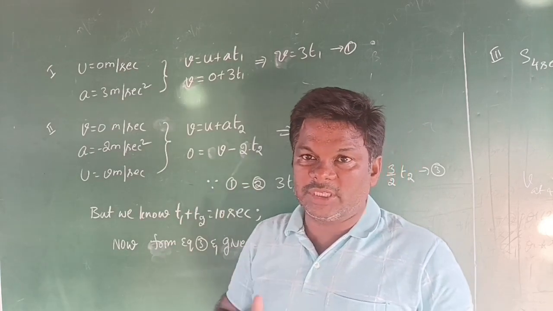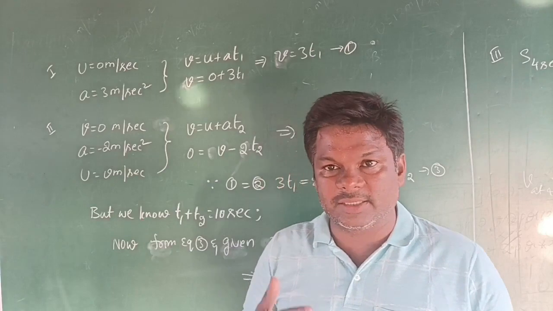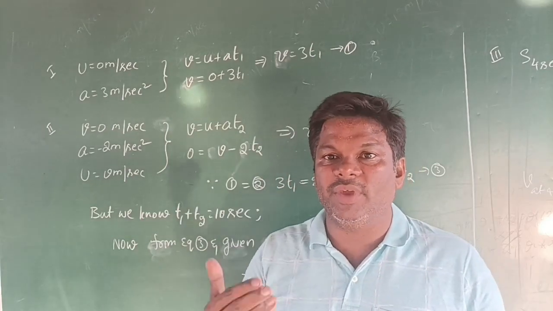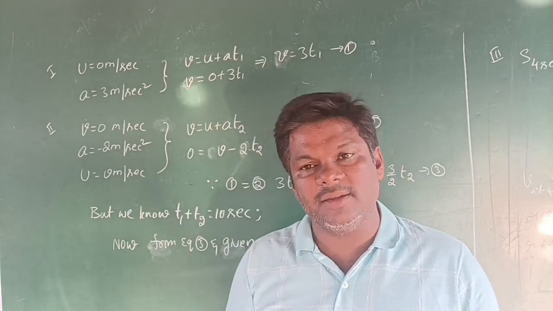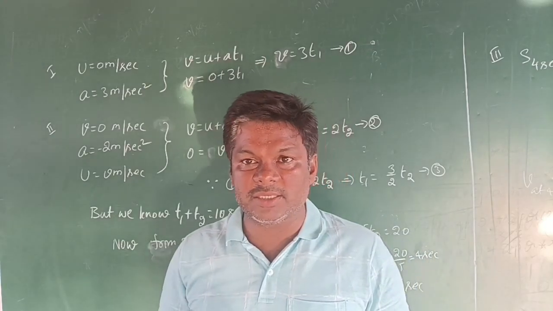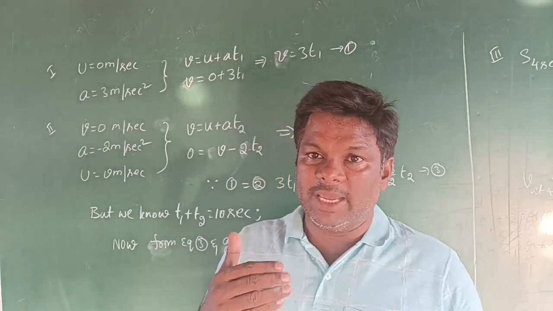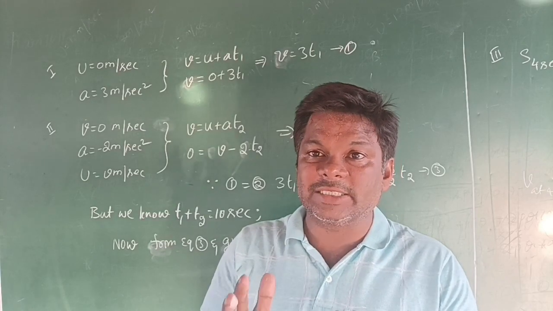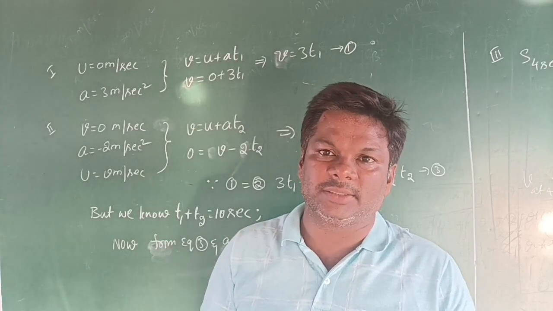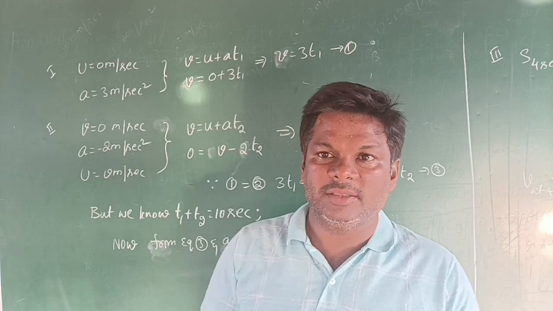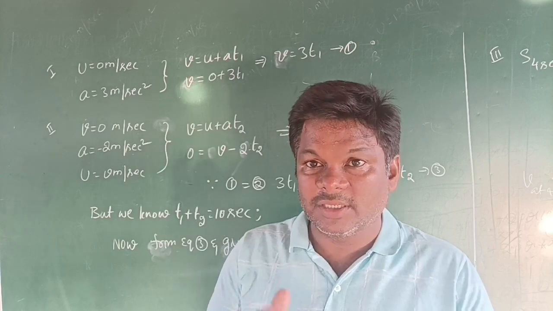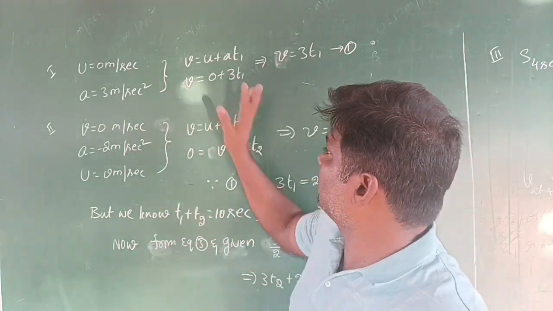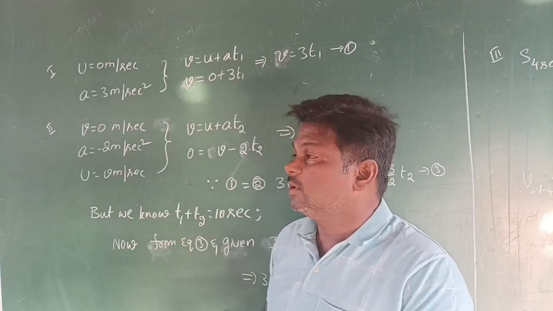Then our questions are: what is the distance covered by the vehicle while accelerating and decelerating? And what is its velocity after 4 seconds? Okay, this is what he is asking after t1 seconds. Now listen.